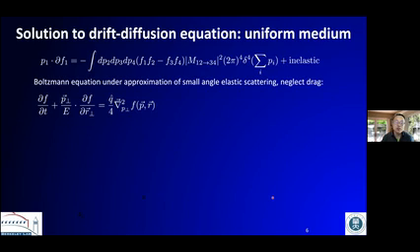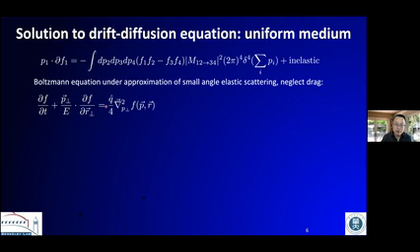According to this Boltzmann equation, if I neglect the inelastic scattering just for a moment, and also consider the drag term coming from the elastic energy loss, you find out that the Boltzmann equation can be written very similar to this diffusion equation, except now we are looking at both the spatial and momentum diffusion, according to what I call a drift diffusion equation here.